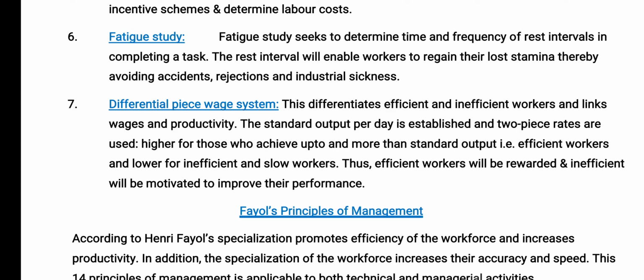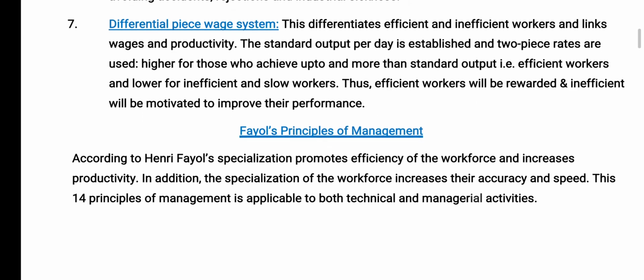So here they have divided the workers into efficient and inefficient workers, and efficient workers are motivated by giving more wages per unit as compared to inefficient workers, and those who are inefficient will also be motivated to work so that they can also achieve the level of having more salary as compared to efficient workers.